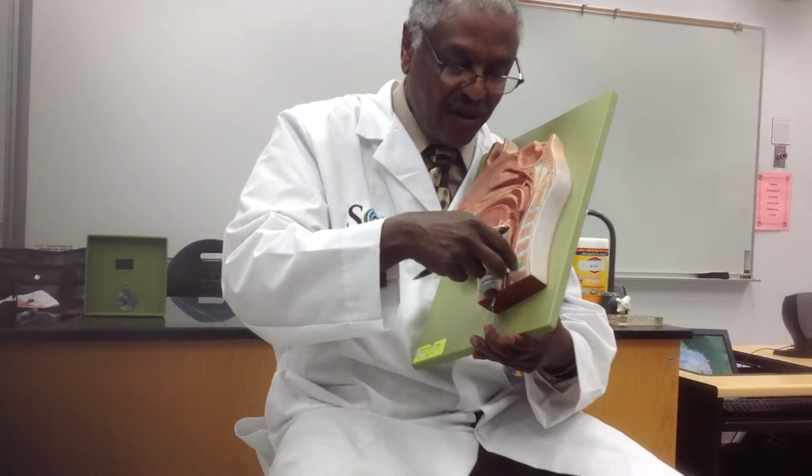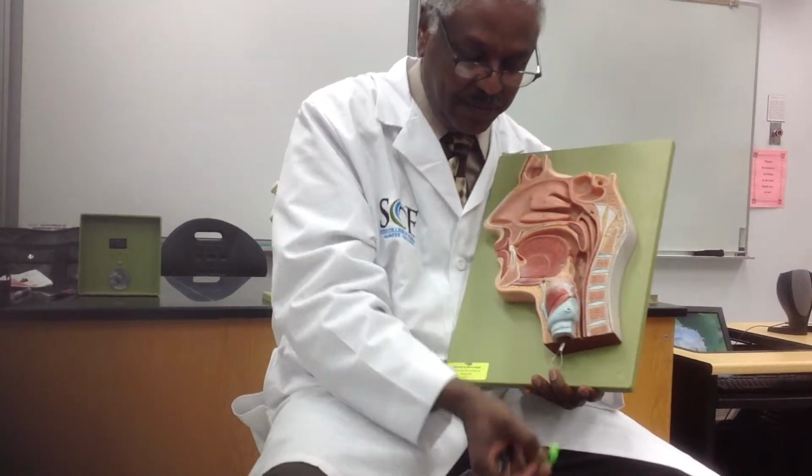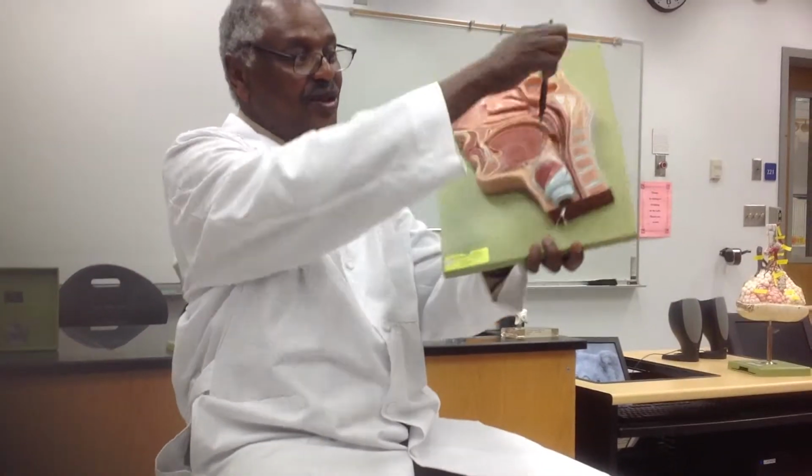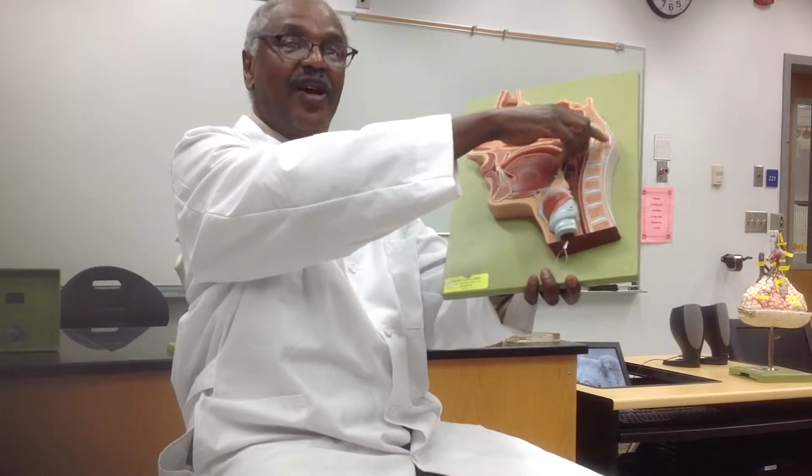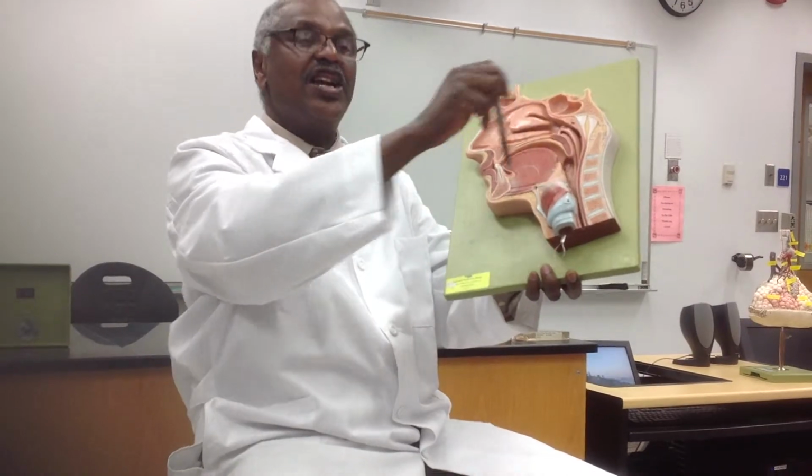Now, if you ever happen to drink something, especially soda, real quick, before you give the epiglottis time to go like that and close this, the soda or the drink is going to go right down here, and it initiates a very strong coughing reflex.